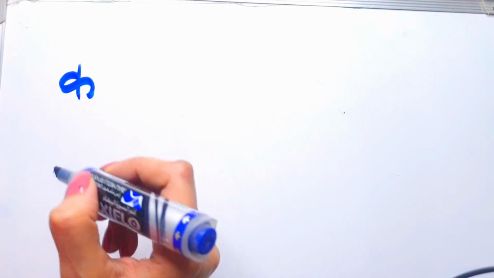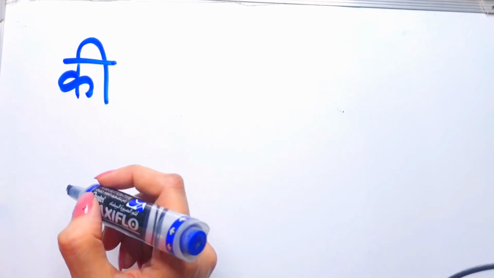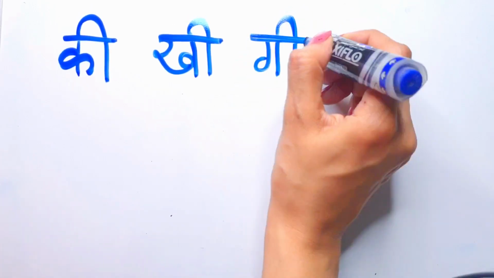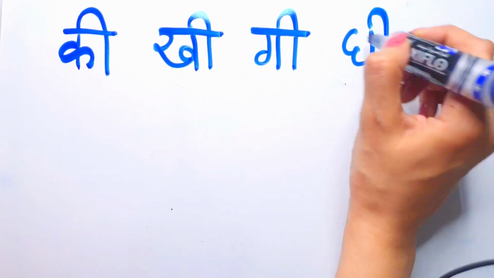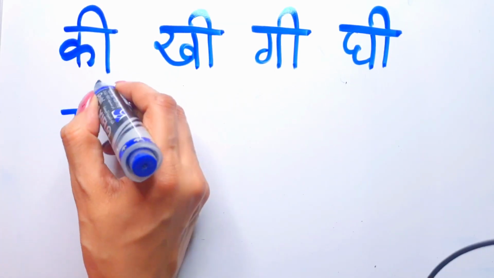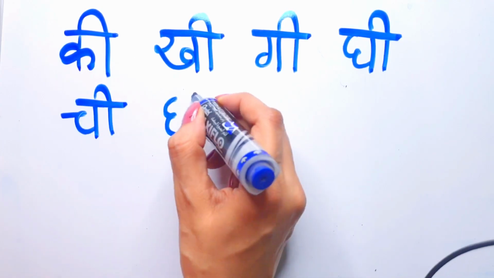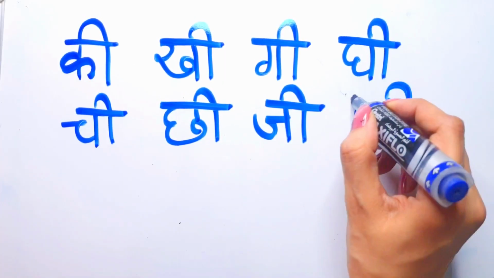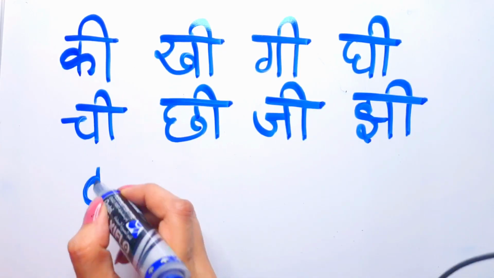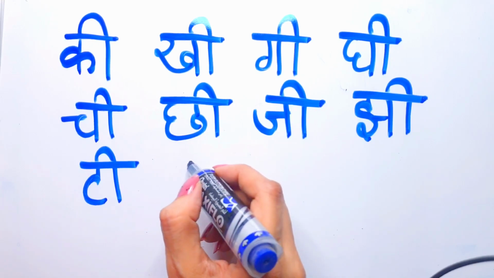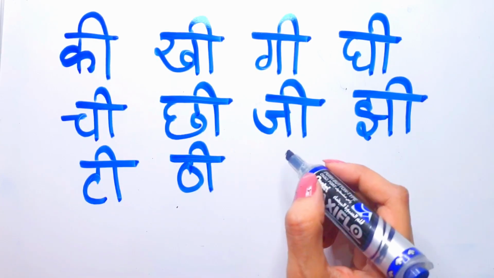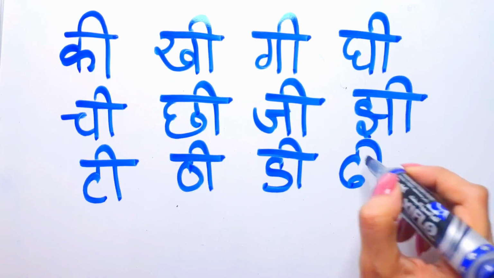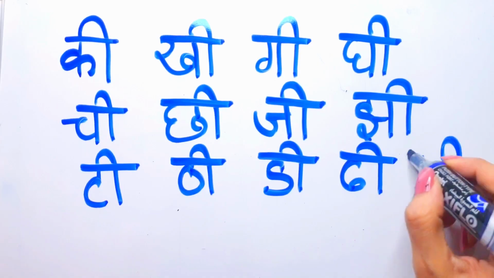So let's say you have ka, now it will be here. So it will be kee, gee, ghee, then chee, jee, jhee, tee, thee, dee, dhee, and nee.